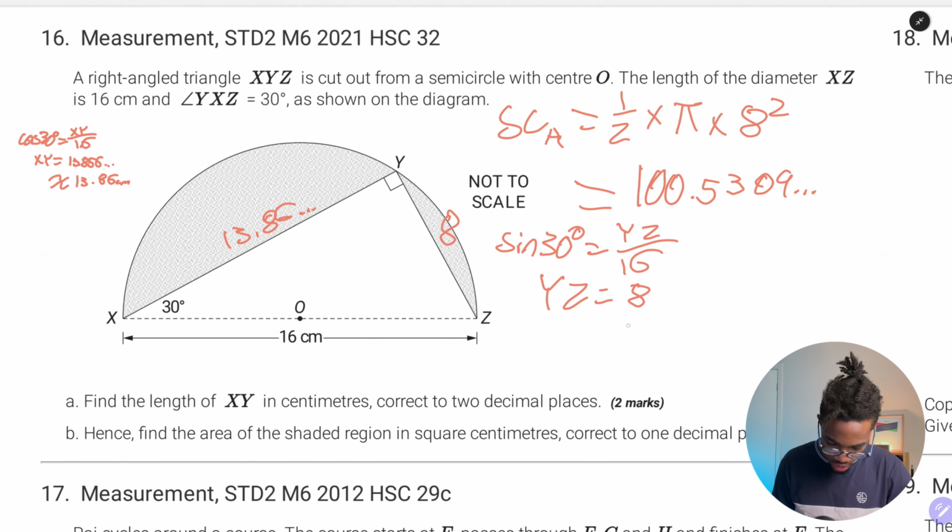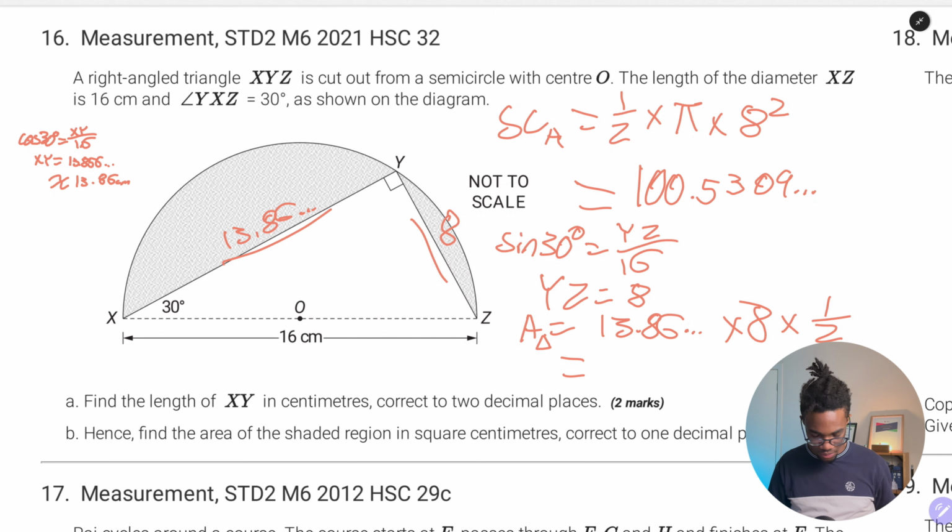Then we can just do half times this to get our area. So area of the triangle is equal to 13.86... times 8 times 1 over 2.